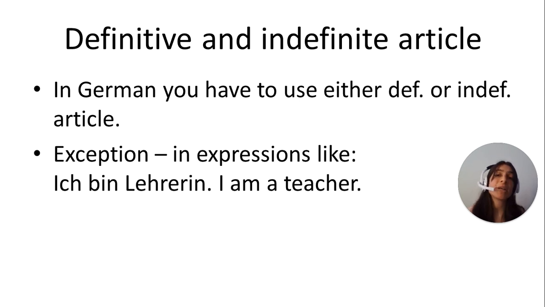In German, you have to use either a definitive or an indefinite article, and an exception is in expressions just like ich bin Lehrerin. For a profession, when you say what you're working as, you don't use eine, die, der, no, nothing. Ich bin Lehrerin.